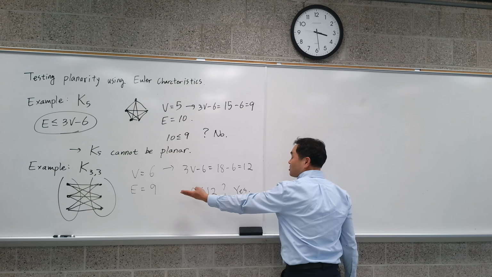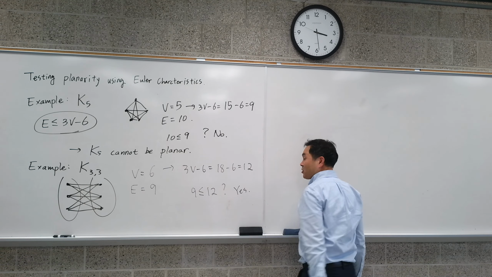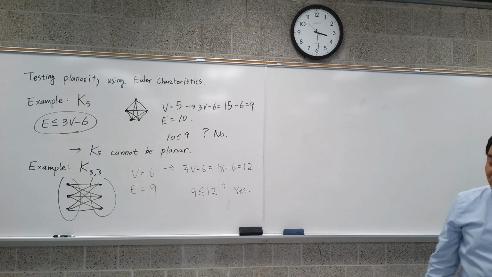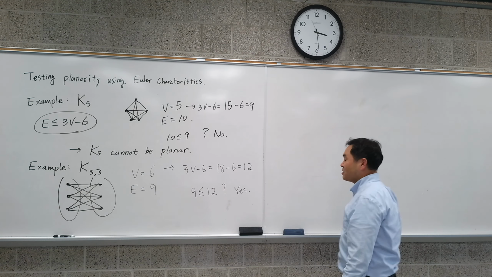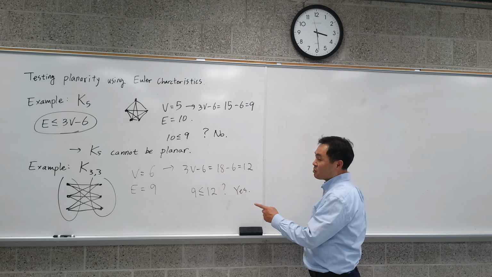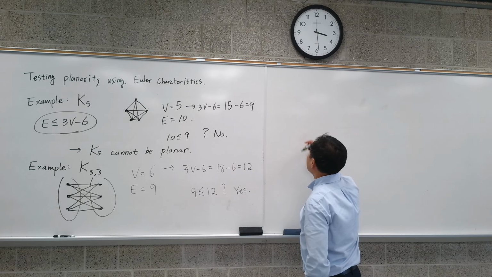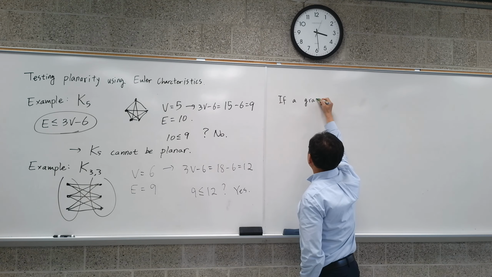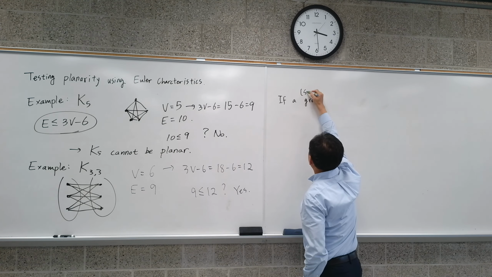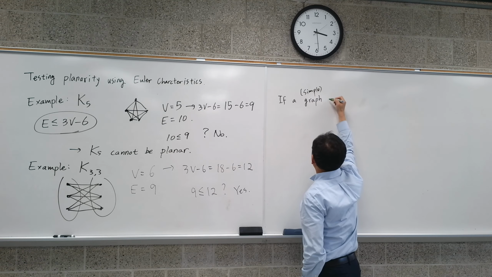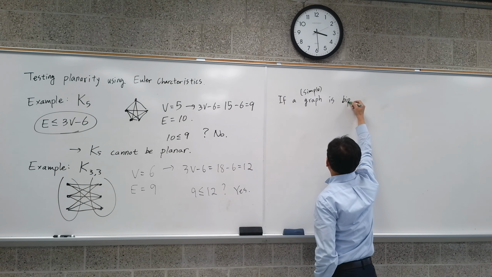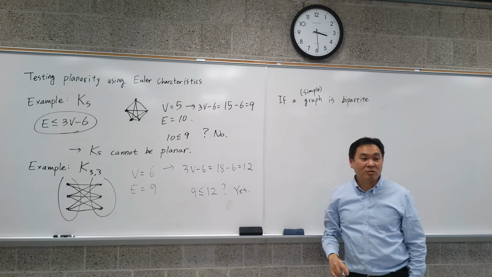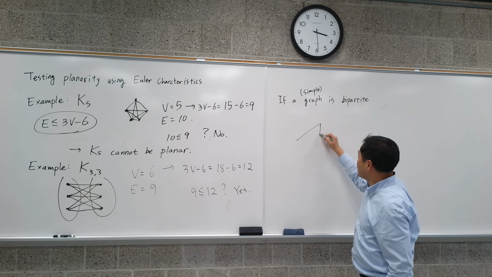And this graph is not planar, but it still doesn't violate this. So there's a separate one which is applicable for bipartite graphs. If a simple graph is bipartite, then what does that mean? It can't have a triangle.